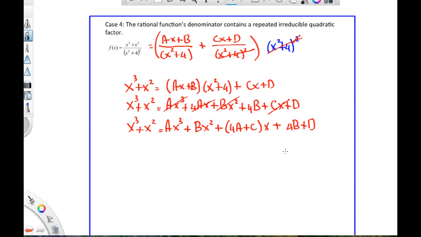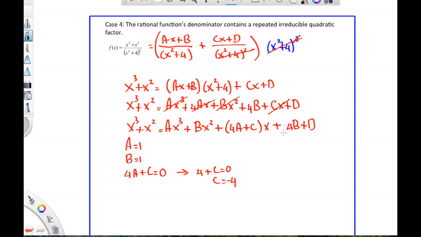Okay, well this system is actually fairly straightforward, even though it looks like a bunch of junk. We have ax cubed, and we have 1x cubed here, so that means a is equal to 1. We have bx squared, and we have 1x squared there, so b is equal to 1. We also know that 4a plus c is equal to 0, because I don't have any x's, and we know that a is 1, so 4 plus c is 0, so c is negative 4.